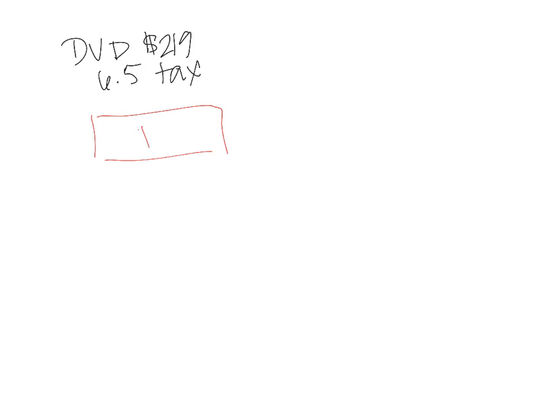We have the DVD is $219 and we have a 6.5% tax. So I really am looking at having a DVD player and I'm adding tax to it. So that's an addition of the 6.5% of the DVD player.